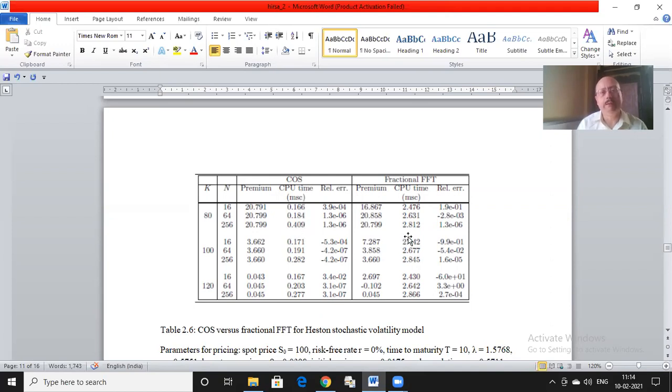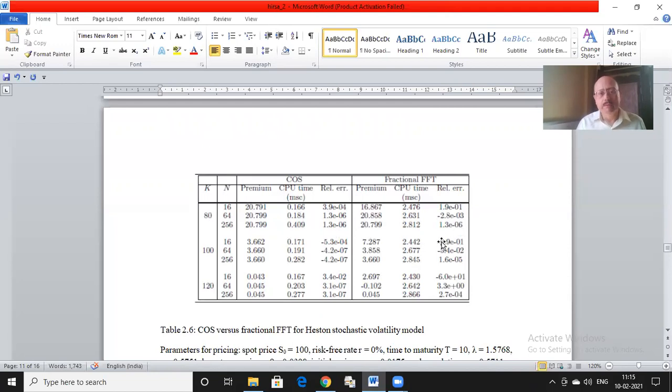If I look at the fractional FFT for the same n, these are the corresponding time units required. It is pretty much 6-7 times. Even with n equal to 256, it's like 7 times, and for smaller n, it's even more. So cosine is substantially faster.